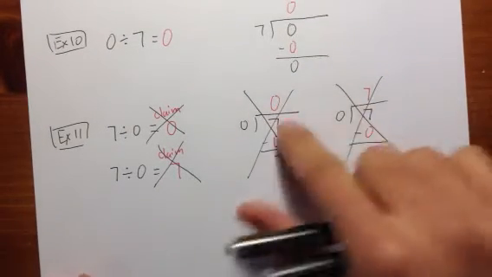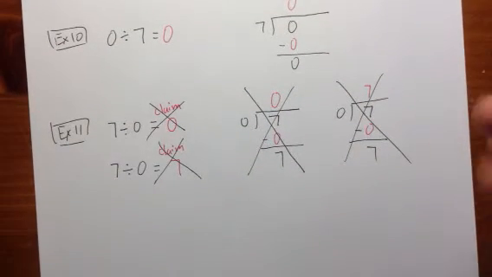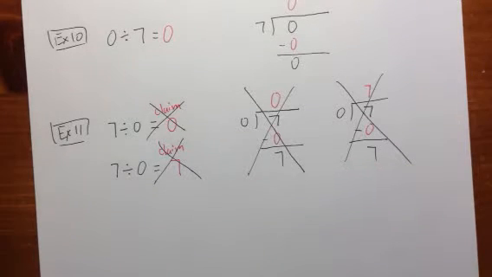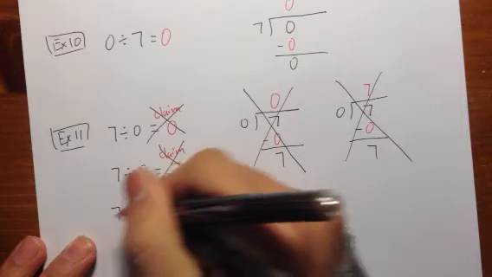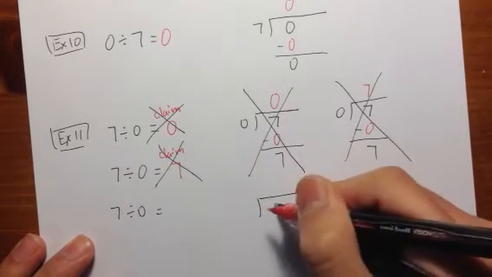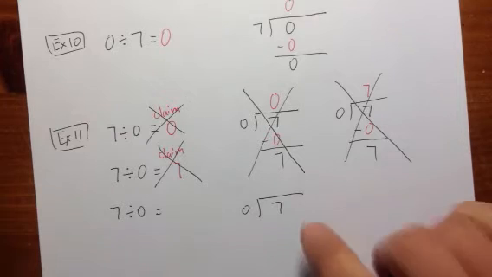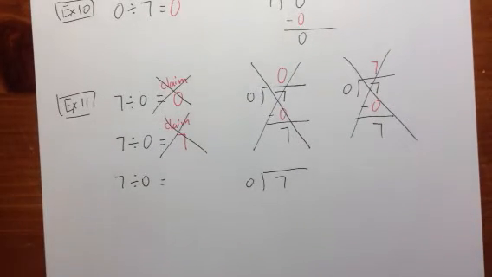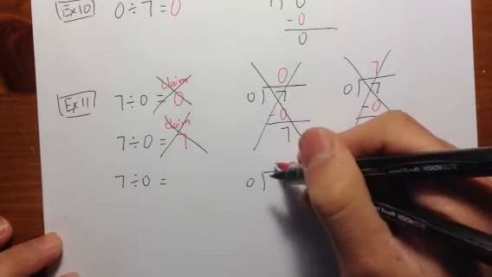Maybe I just picked two wrong numbers to start off with. So well, let's say 7 divided by 0. 7 inside, 0 outside. Let me try something different. Let's say maybe the answer is 28.